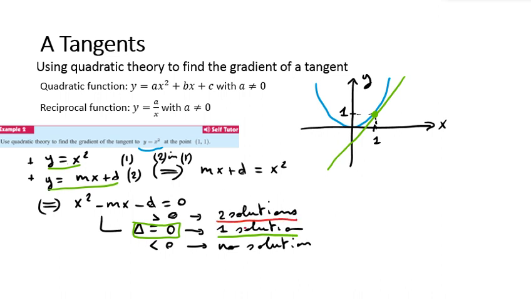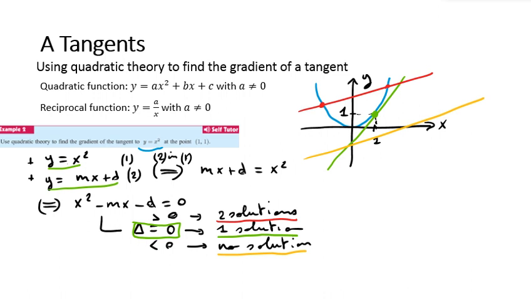When do you have two solutions? When, for example, the straight line goes like this. In this case, you have two solutions. When do you have no solution? When you don't have any common point. For example, this line, because there is no common point with the quadratic function. But in our case, delta must be equal to 0.